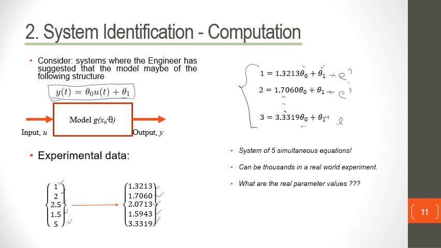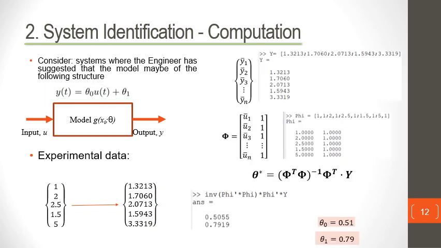So you can't simply do it as a simultaneous equation, even if you were able to solve 5 simultaneous equations. And sometimes, of course, you can take thousands of real-world experiments and this becomes thousands of equations that you may need to solve. And so finding these optimal values of the parameters is not a trivial problem to solve.